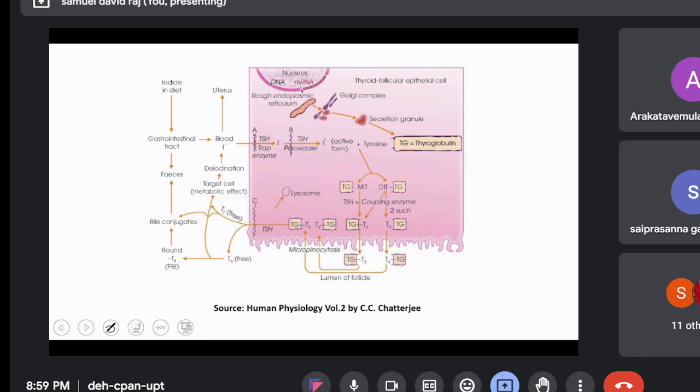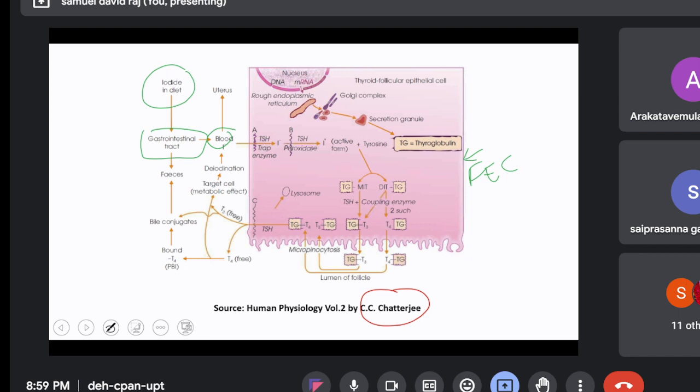So coming to the schematic diagram, taken from the second edition of C.C. Chatterjee's Human Physiology book, here we see iodide through food. The salt which is rich in iodine goes into the blood and gets ionized to form iodide. And from there, through the gastrointestinal tract and the blood, it reaches the follicular epithelial cell.